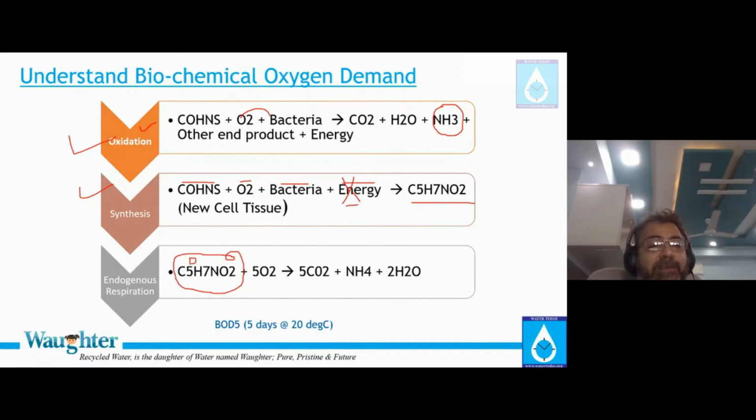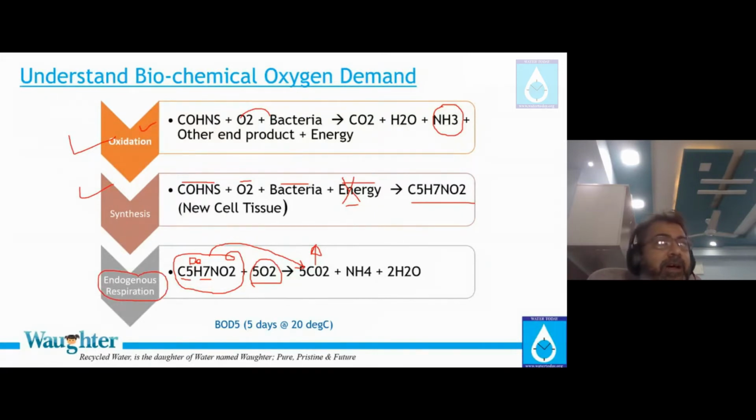If it is a dead cell, it will be cremated in the system. So when the cremation in the system takes place, a lot of oxygen is consumed, and this time there is no synthesis. What is happening? Everything is going and becoming CO2. And if everything becomes CO2, this is called endogenous respiration.